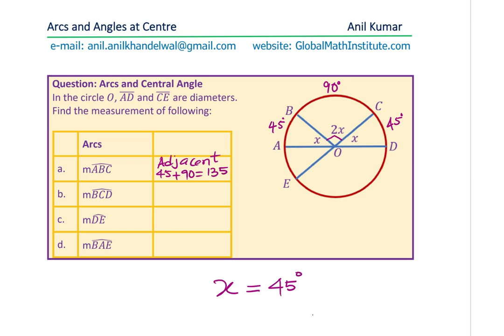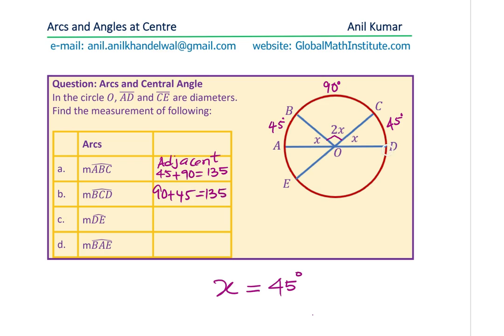And that is how you can write the measurement of this arc, right? Now, we have to find the measurement of BCD. So BCD, again, the same thing. We have to add them up, and we can figure out how much it is. So it is 90 plus 45 degrees, and that gives us 135 degrees.